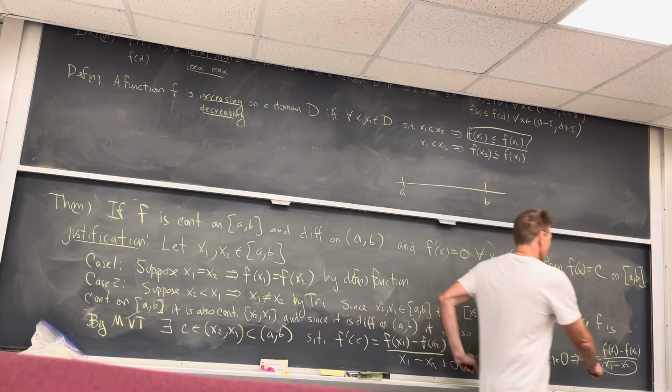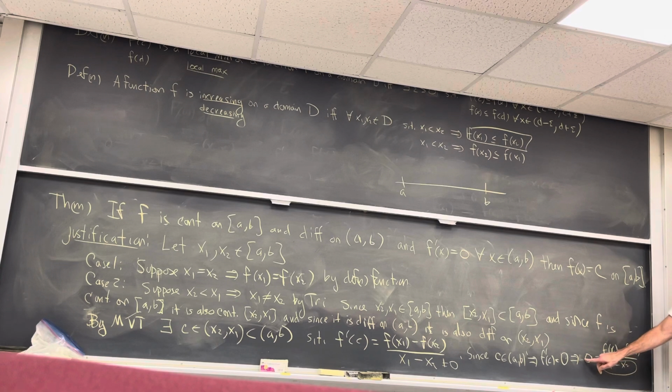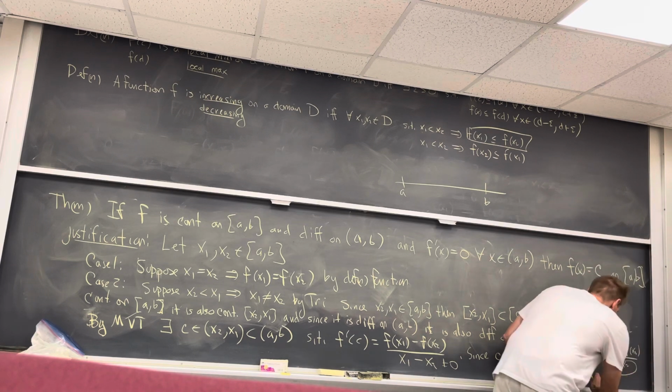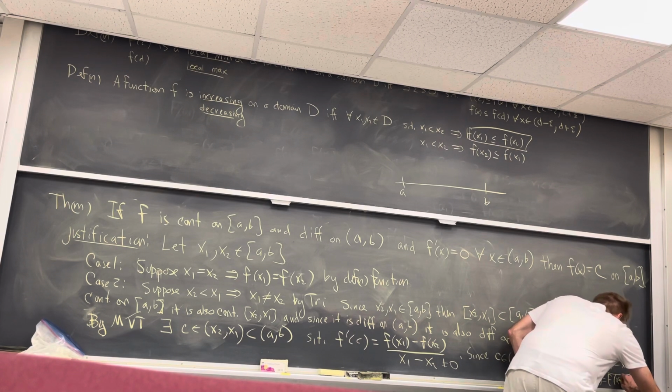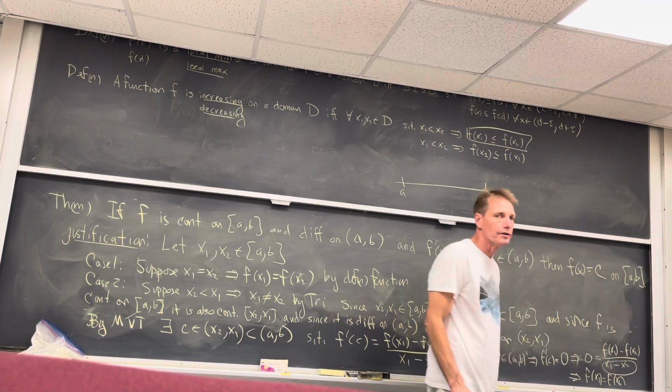So multiplying both sides by x1 minus x2, we get a 0. And so f of x1 minus f of x2 would have to be equal to that 0, which would imply that f of x1 is equal to f of x2, which is what we wanted to reach.